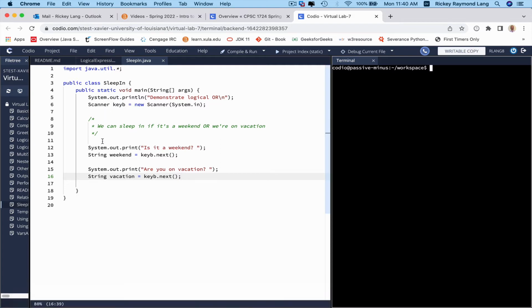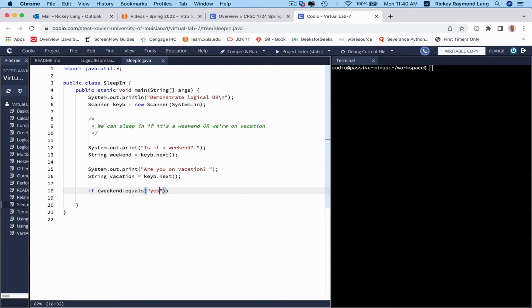This starts off by asking for the information. Then we combine that in a single if statement. If weekend equals yes, or vacation equals yes, if either one is true, I'm going to say you can sleep in.